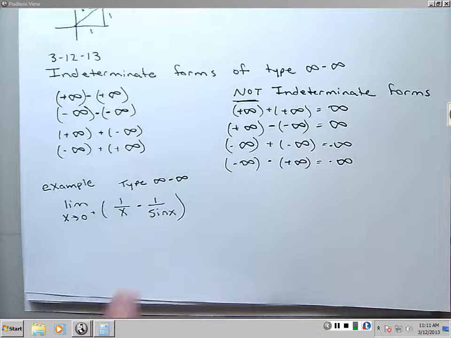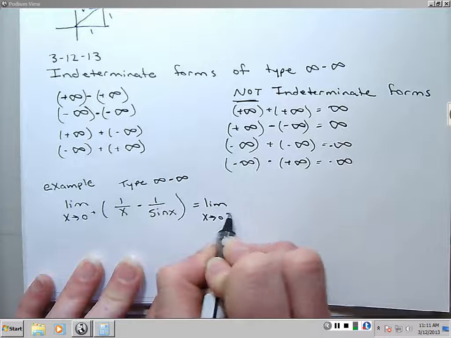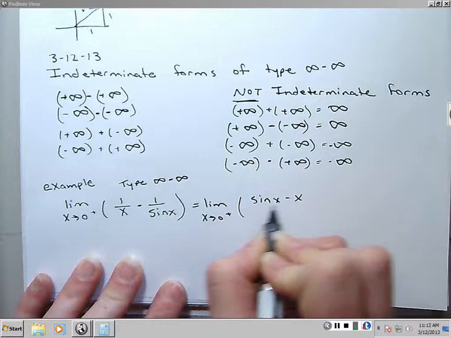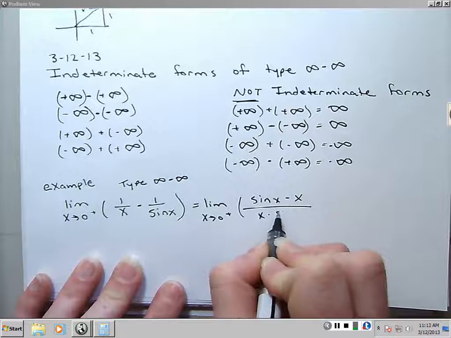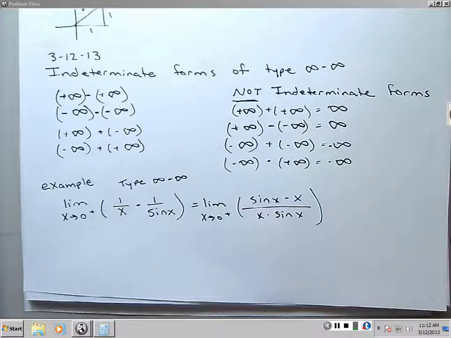So what's a suggestion I could maybe get this into one fraction? How would I go about that? Common denominator, right? So this would equal the limit as x goes to 0 from the right of sine of x minus x over x times sine of x. I didn't change the expression, I just found a common denominator.